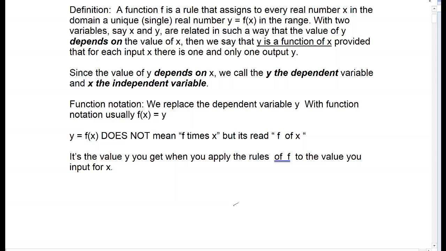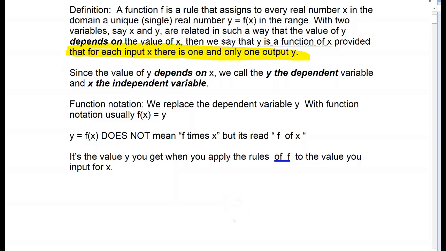We have the x variable and the y variable, and they're related by doing some math on them. They're related in such a way that the y depends on what the x value is. So y is a function of x, provided, and this is the key that makes it a function, each input x, every time I plug in a single x value, I get out a single y value to pair with it.